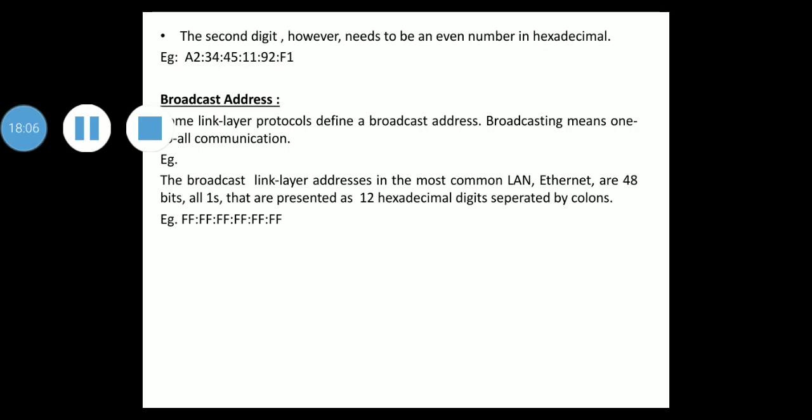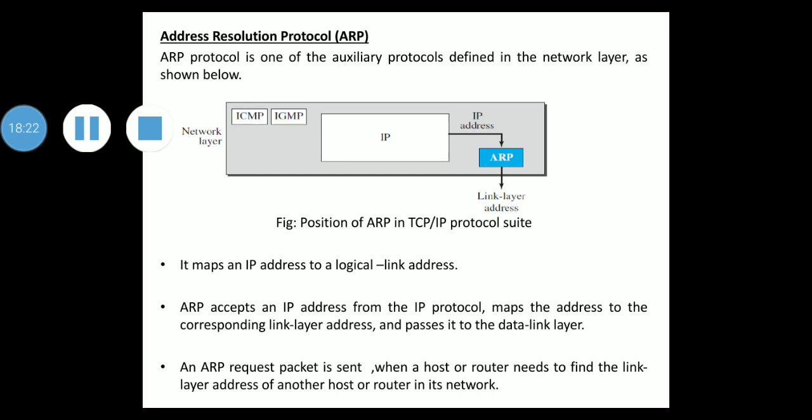The following shows a broadcast address: all 6 bytes are FF, so all 12 digits are F. Then it is a broadcast address. You got it? Is it clear?